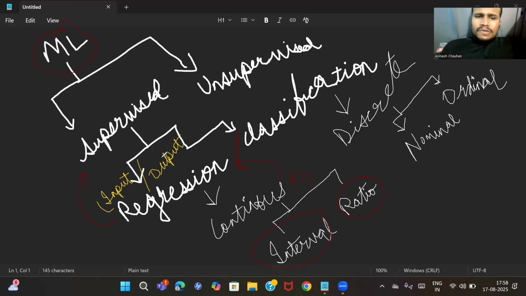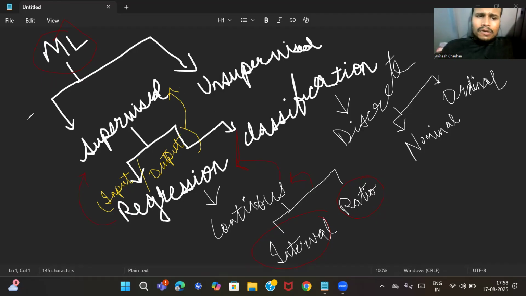Pardon my words, it's not basically the regression, it's basically the supervised learning. In supervised learning, both input and output variables are given to us, the dependent and independent features.